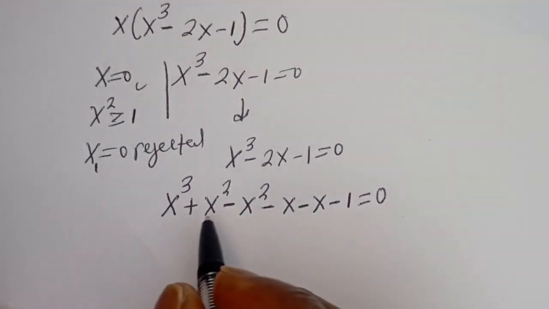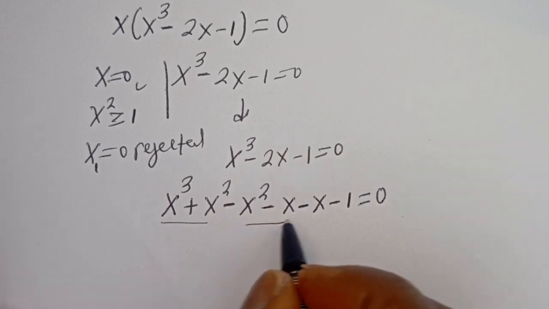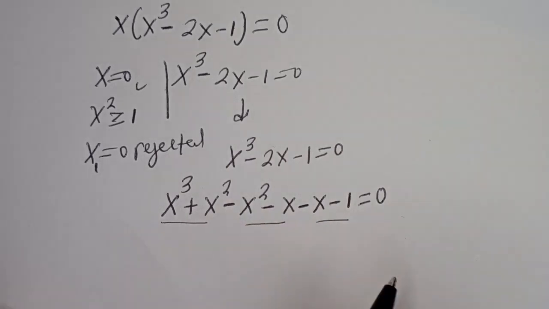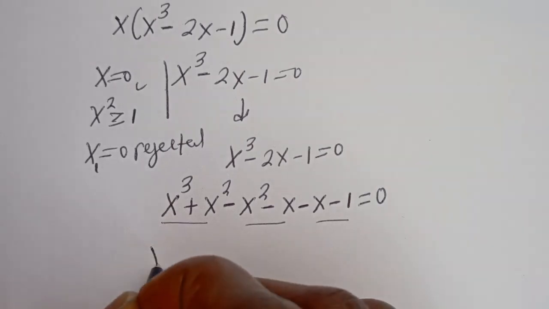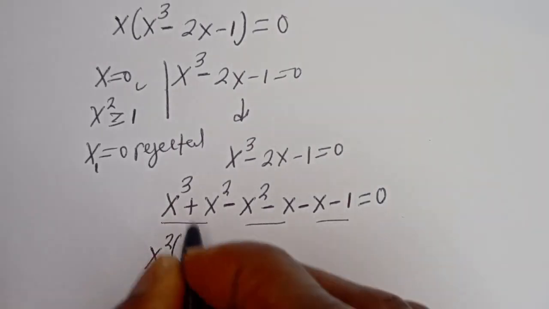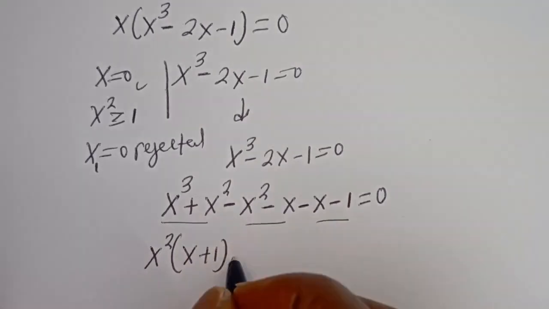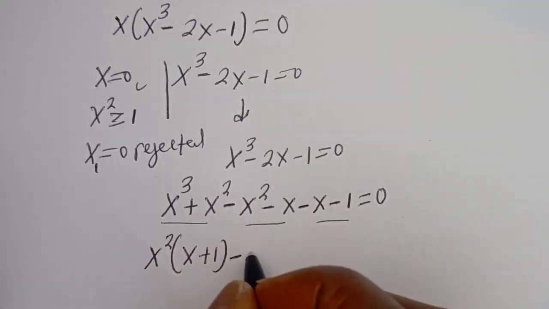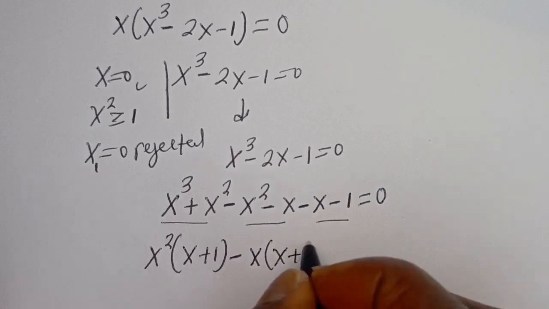Then here, we can group this and this. If you factor s squared out, we have s squared bracket s plus 1. Then here we have minus s bracket s plus 1.